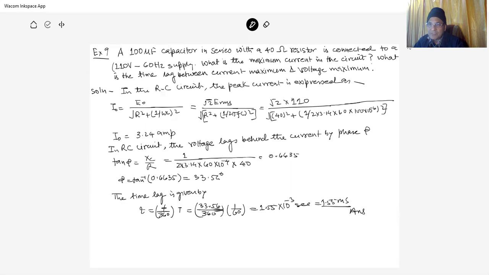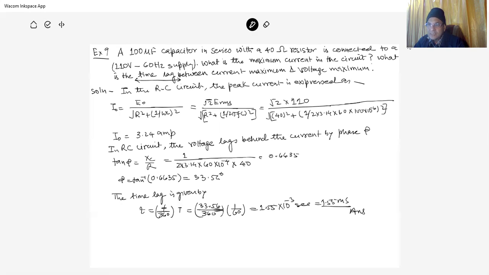This kind of power supply is used in the USA; the American domestic supply is of this standard. What is the maximum current in the circuit? What is the time lag between the current maximum and voltage maximum? This is the important feature that we have to find in this case.